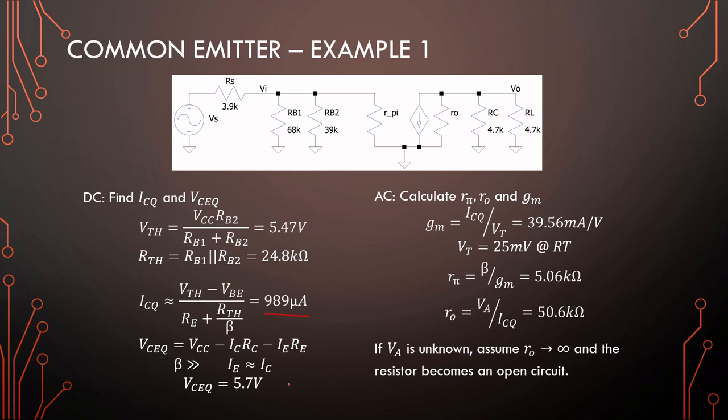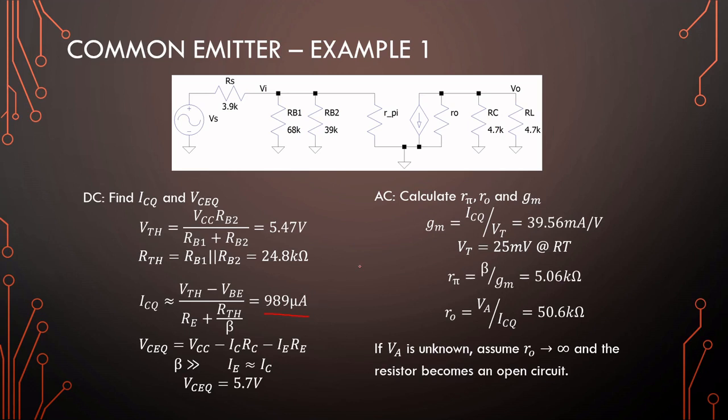That is very close to 1 milliamp. And we can calculate our Q point, and that will turn out to be 5.7 volts. We can verify this in the simulation, but the important one to get out here is our collector current.